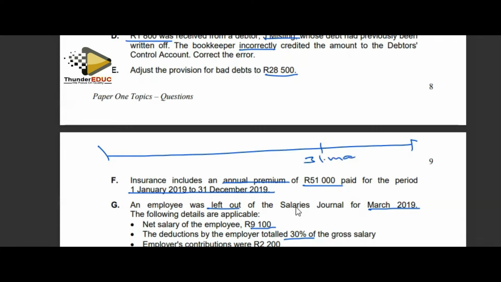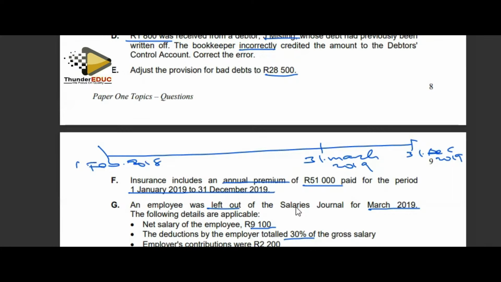But they are saying this premium was paid until 31st of December 2019. So when did the year start? The year started on 1st of Feb 2018. So we have to count 12 months to make the financial year.